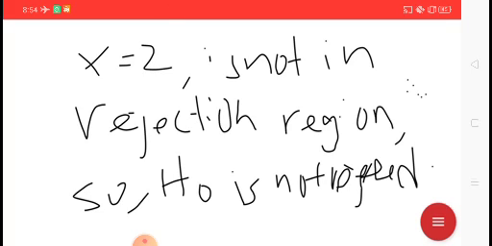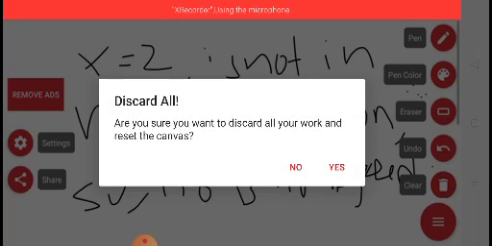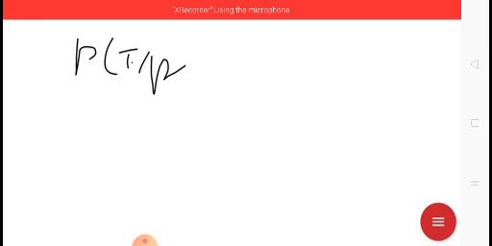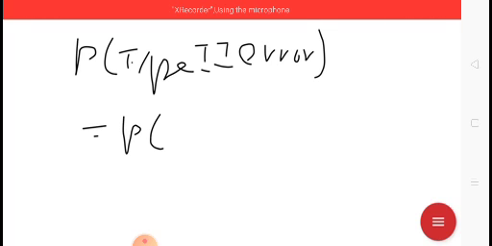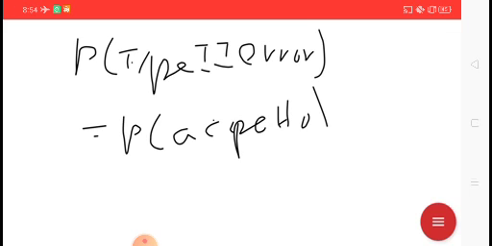Find the probability of type 2 error if the mean white blood cell count after treatment is actually 4.1. Okay, so same things. Type 2 error means accept H naught.